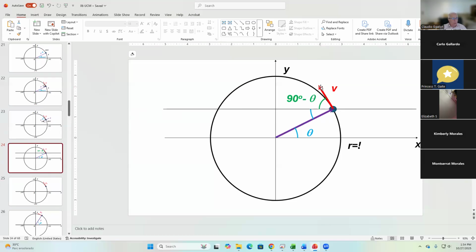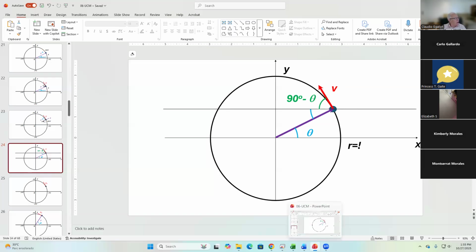And now we can project the x and y components. Notice that the x component of the velocity vector is to the left, which means that it's going to have a negative sign, cosine of 90 minus theta, and sine of 90 minus theta.